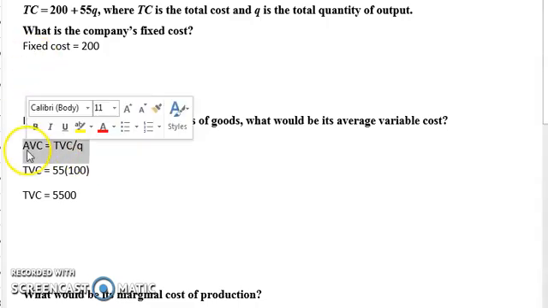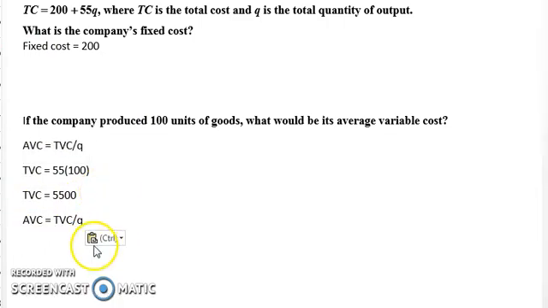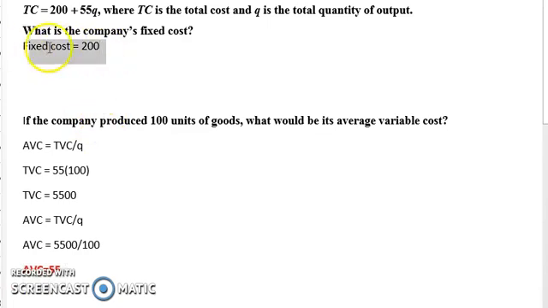So the average variable cost for this example is 5500 divided by the quantity, which is 100. So we get an average variable cost of 55. Okay, so there's your answer. Let's make that red and bold. So there we go, 55.